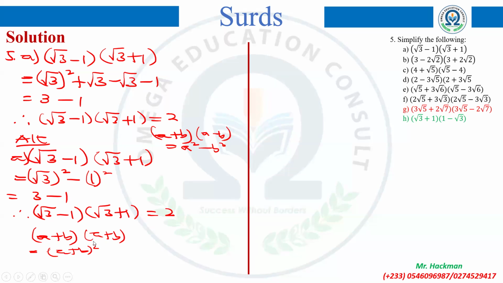So this will give us A squared plus 2AB plus B squared. Remember what we did in lesson 2 yesterday.